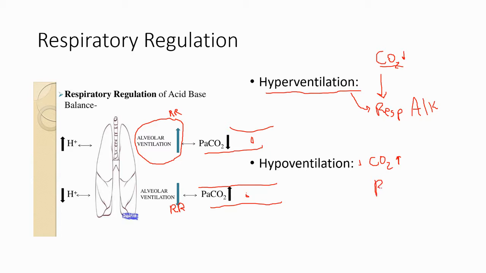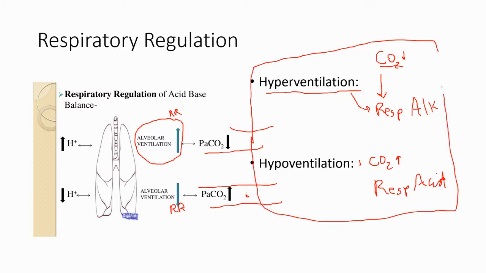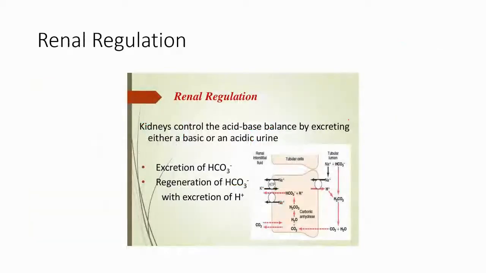As CO2 goes up, that puts somebody into a respiratory acidosis. Okay, so super important concepts here. If you're kind of confused, just rewind, listen to that again. This should be something that makes sense to you. Memorizing is going to make yourself kind of crazy.